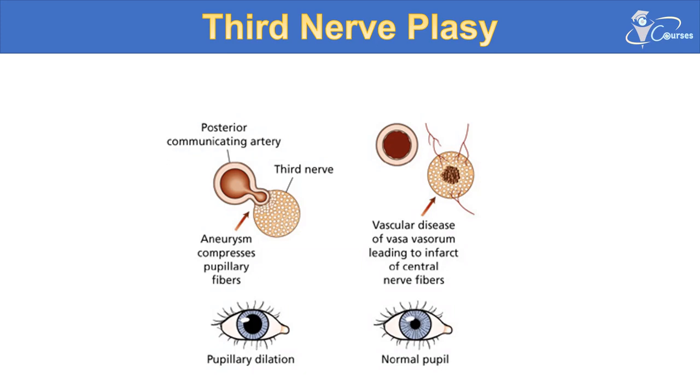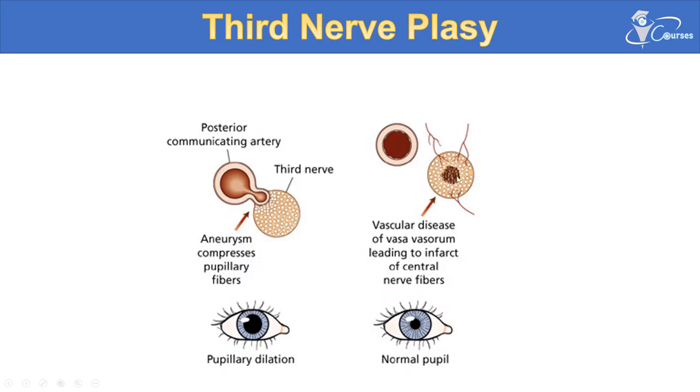On the other hand, if the patient has diabetes or hypertension, this will lead to ischemia, or there is a problem in the vasa vasorum supplying the nerves, and these blood vessels can be occluded, resulting in ischemia. And which part of the nerve suffers more from the ischemia? It will be the central part.